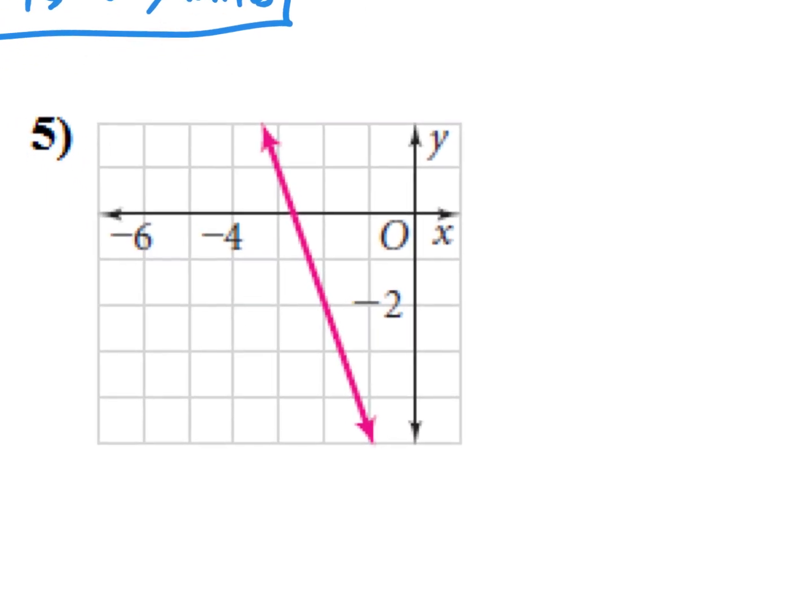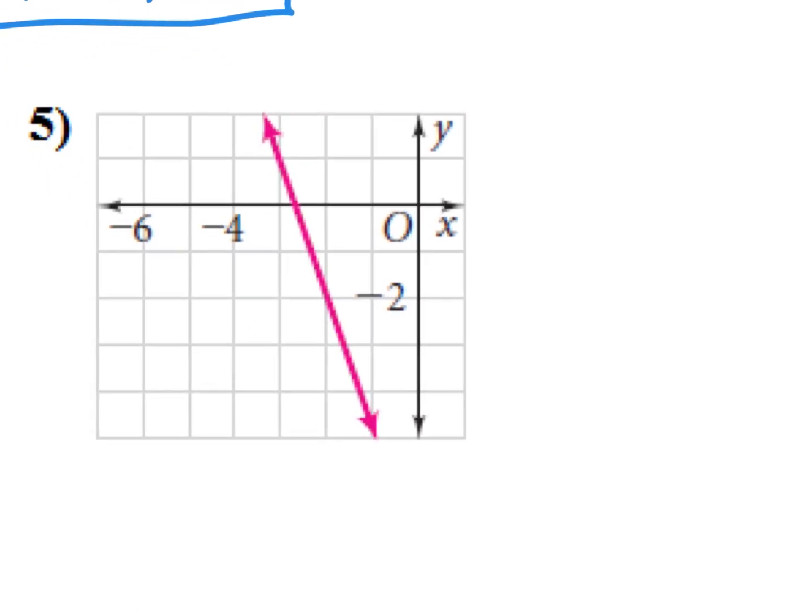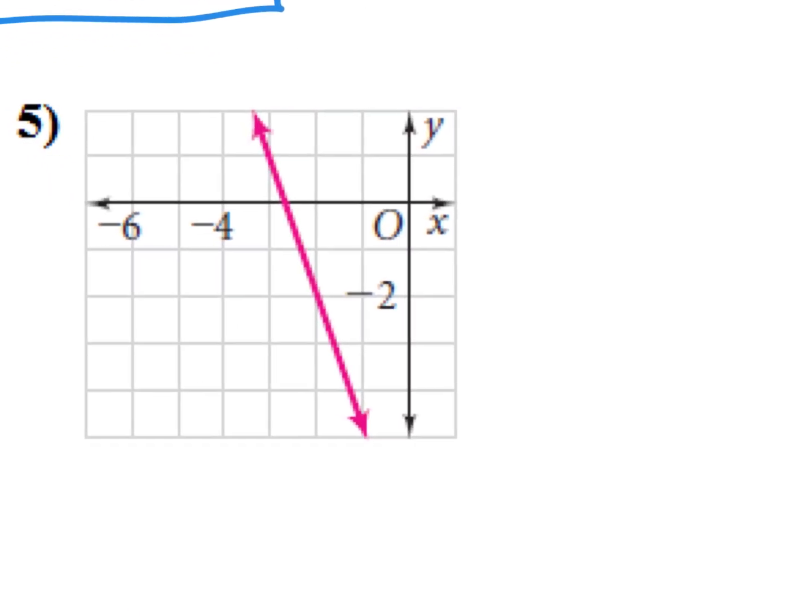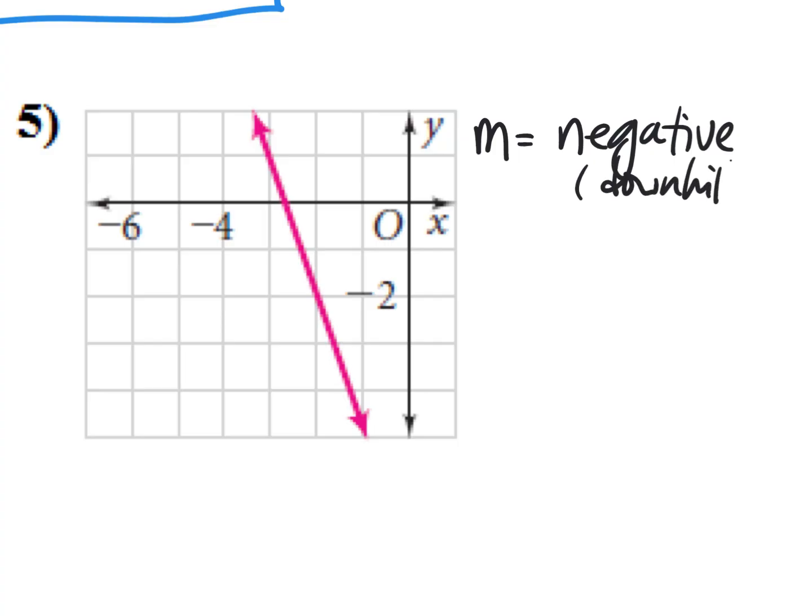Okay, let's look at this one. So if we're going to be looking at our summary of our slope, I can say that the slope in here that I can see is actually negative because the line is downhill. But let's compute our slope here. So first I'm going to get maybe this point here and this point here.